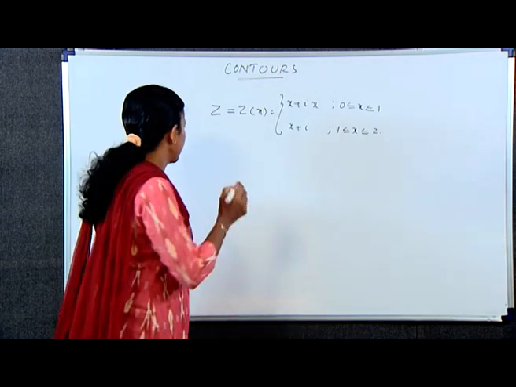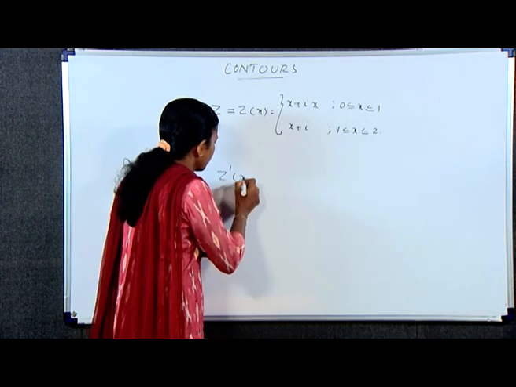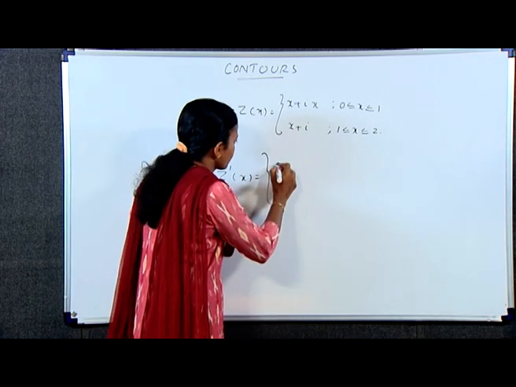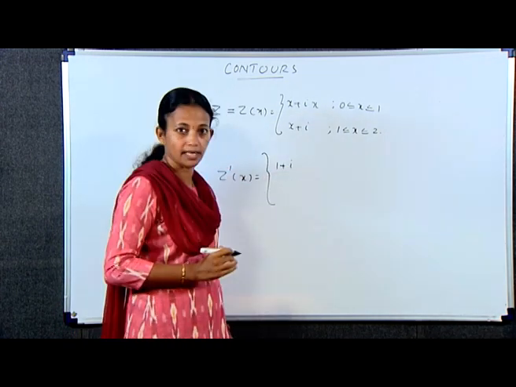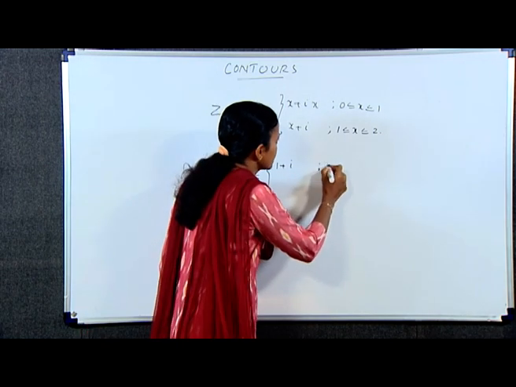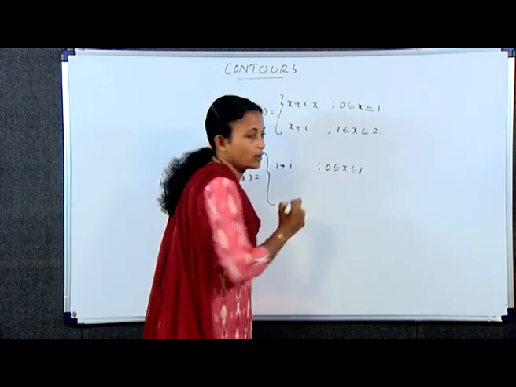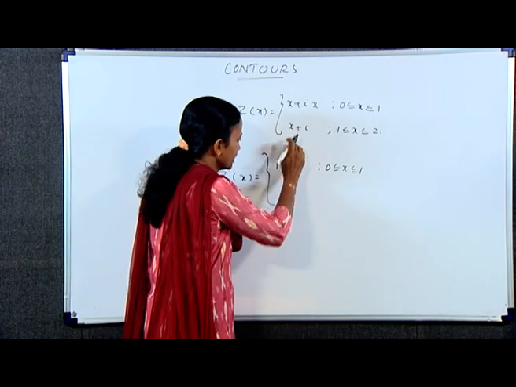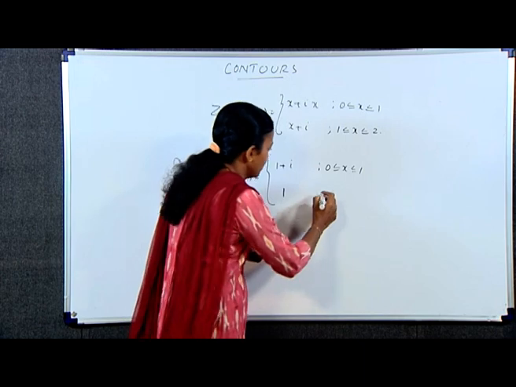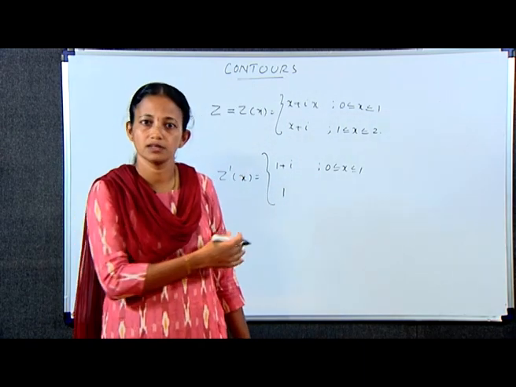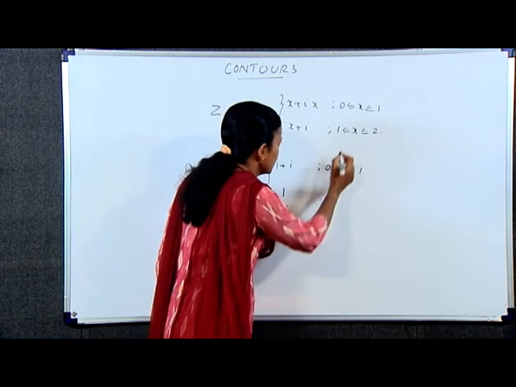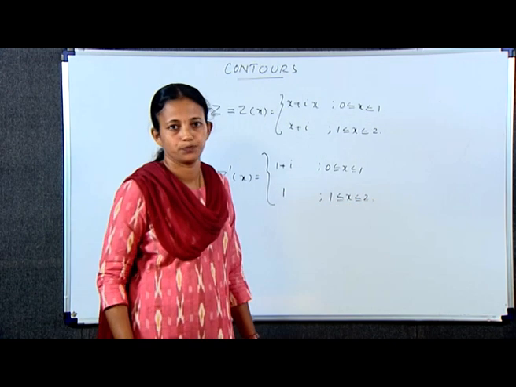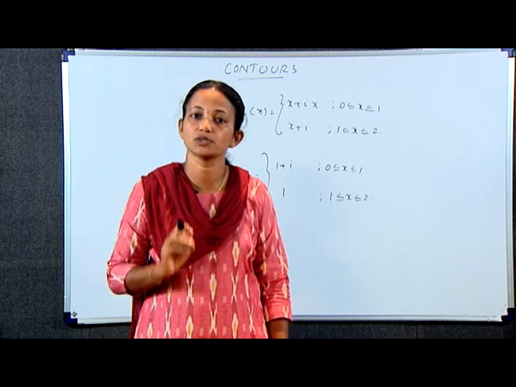Since z dash of x is equal to 1 plus i, of course for 0 less than or equal to x less than or equal to 1, and the other one is 1, for 1 less than or equal to x less than or equal to 2. It is a piecewise continuous function.